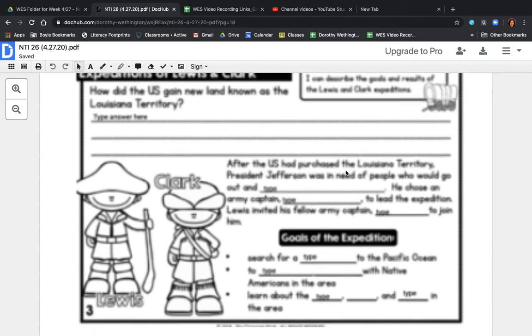After the U.S. had purchased the Louisiana Territory, President Jefferson was in need of people who would go out and blank. He chose an Army captain, blank, to lead the expedition. Lewis invited his fellow Army captain, blank, to join him.